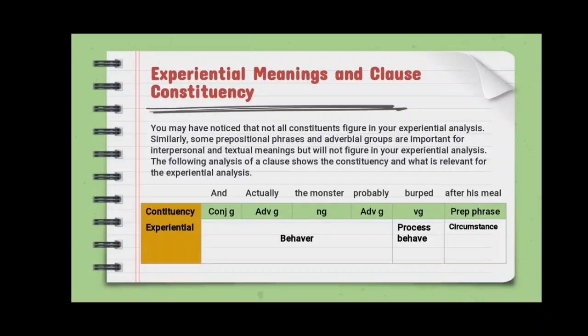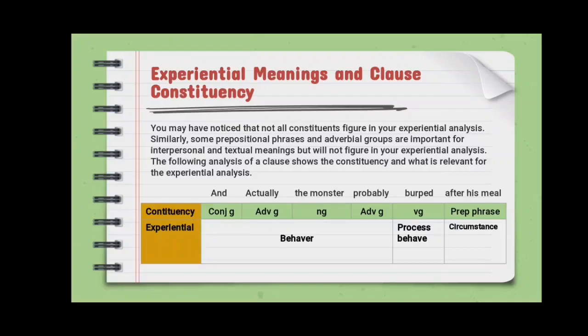So we divide the clause into its constituent groups, like the word and is a conjunction group, actually is an adverbial group, the monster is a noun group, and so on. And the second one is experiential analysis. So we try to find participant, process, and circumstance.